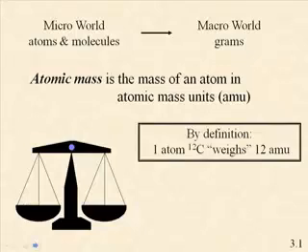So if you had an isotope that was 2 times the mass of carbon-12 in grams, then it would also be 2 times the mass of carbon-12 in AMUs, or 24 AMUs. So the relative values of the masses do not change. It's just that the actual value in AMUs is more convenient to use than if we were using grams.